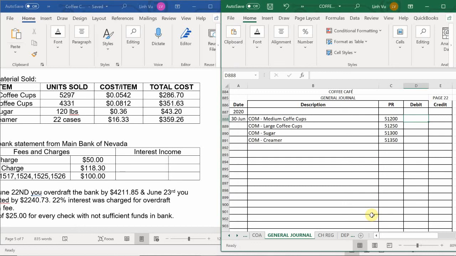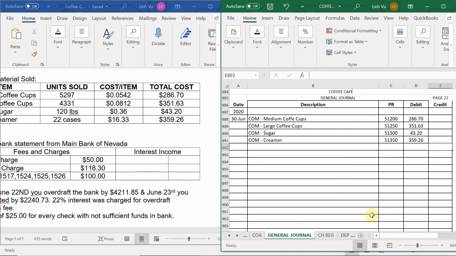So in this case, my total for my cost of material for the medium coffee cups is? Okay, so expenses increased by a debit. So we're going to debit 286.70. Good. What about my large coffee cups? 351.63. And my sugar? 43.20. And my creamer?